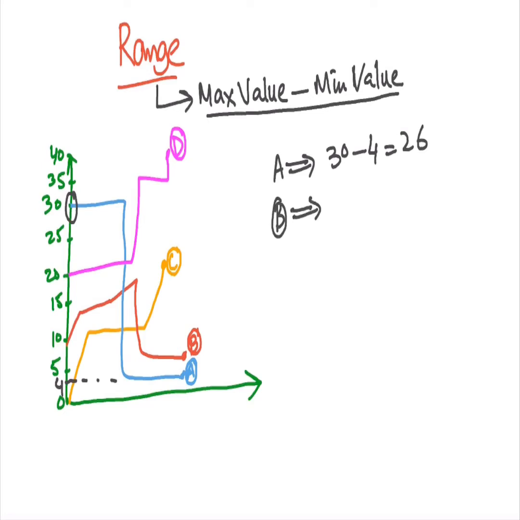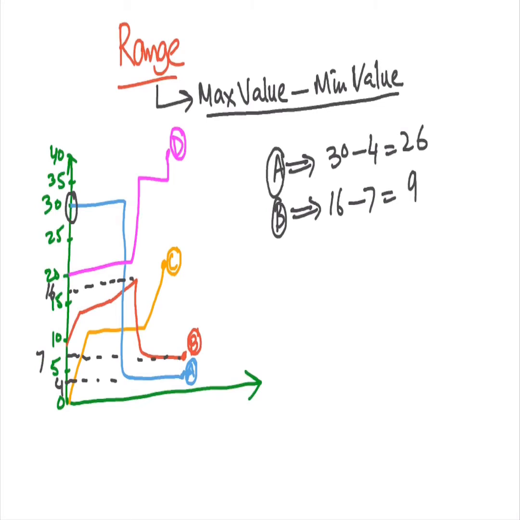We see the maximum value for B is 16, and the minimum value is 7. So 16 take away 7 is 9.